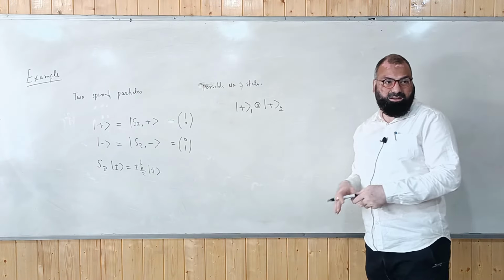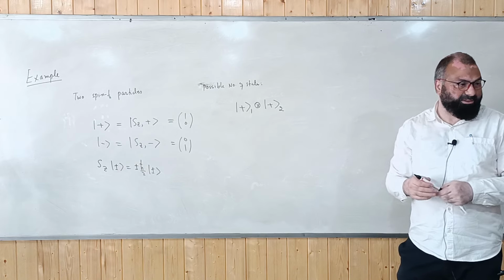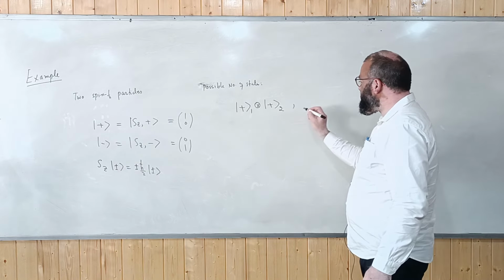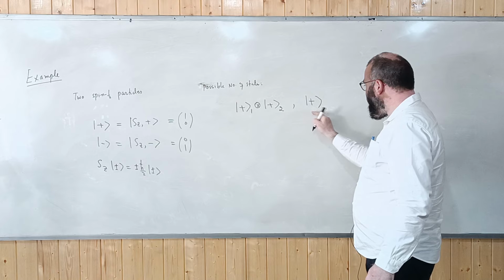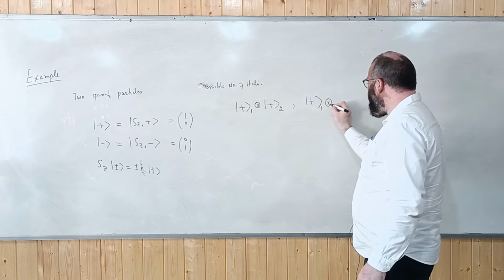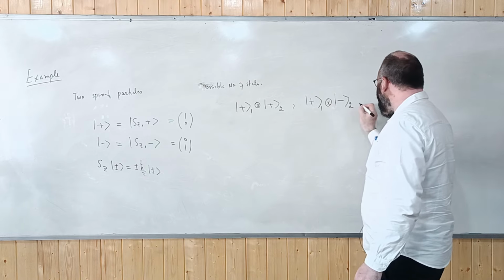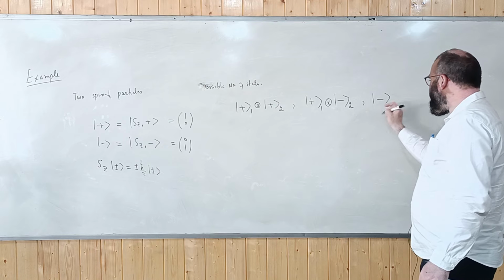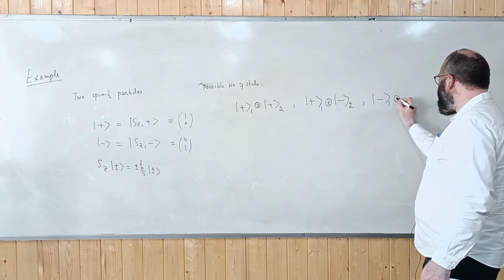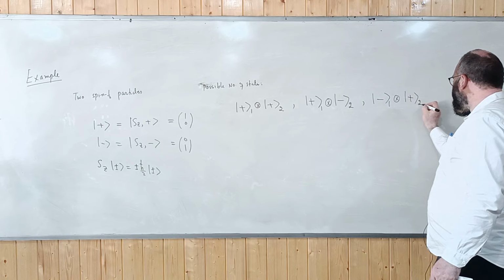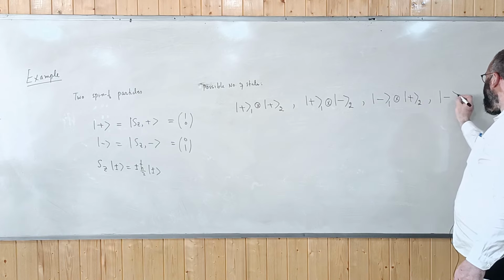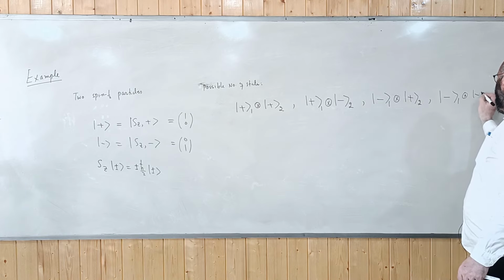Now let's construct the basis, or the number of possible states. Another will be particle 1 in the plus state and particle 2 in the minus state, and similarly particle 1 in minus and particle 2 in plus, and minus and minus.